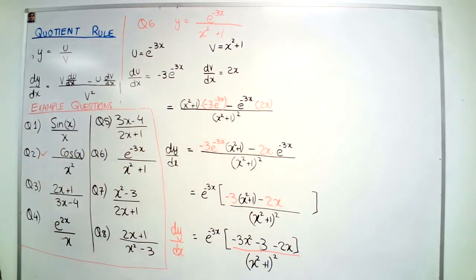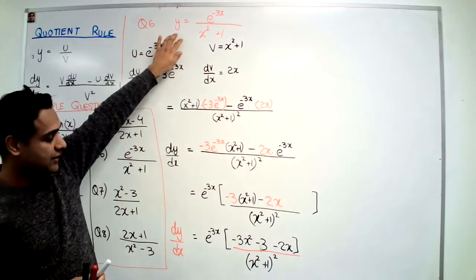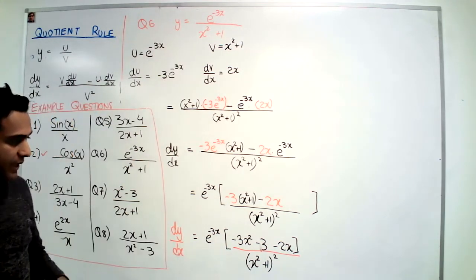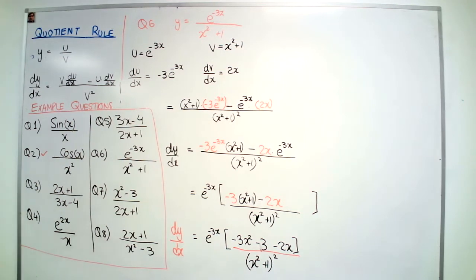And that is your differentiation of this one. The derivative of this bit is that. Okay, that's your answer.